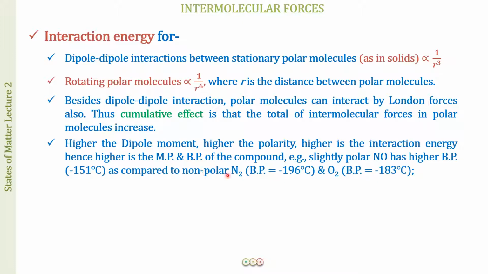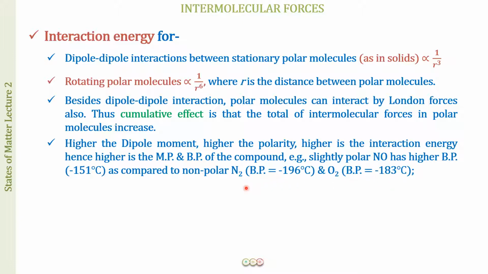For example, if you see over here, we have a slightly polar molecule, NO. There is an electronegativity difference between nitrogen and oxygen, and there is going to be a slight polarity in the molecule. In this molecule, the boiling point is minus 151 degrees Celsius, as compared to the non-polar N2, where the boiling point is minus 196 degrees Celsius, and oxygen, where the boiling point is minus 183 degrees Celsius.